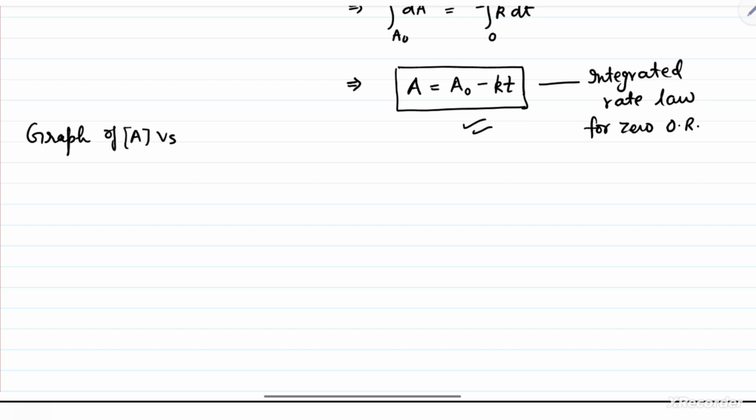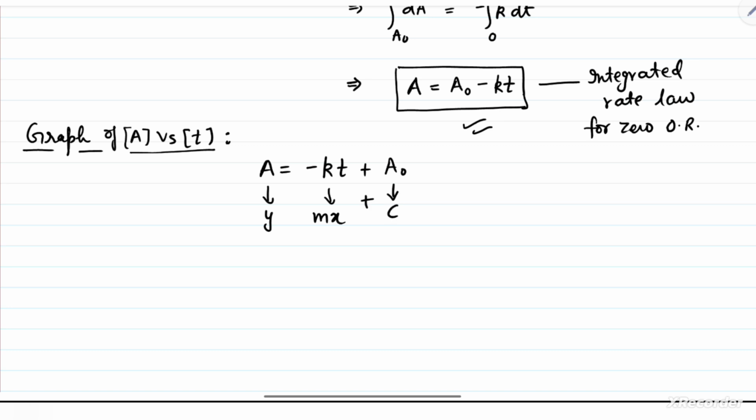If we have to plot a curve between concentration versus time for zero order reaction, write this equation in such a way that A is equal to, I'm rearranging this equation, minus kt plus A naught. Okay, so compare this equation with a straight line equation, y is equal to mx plus c.